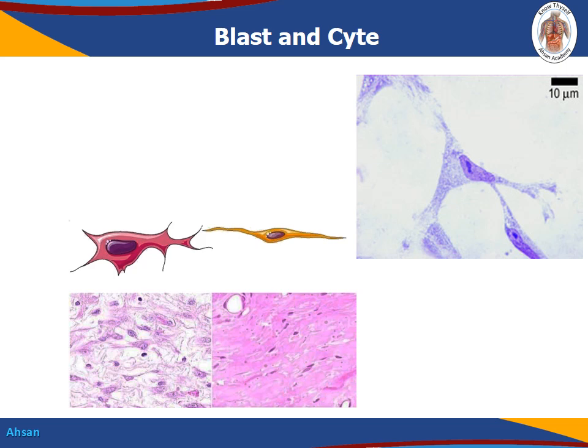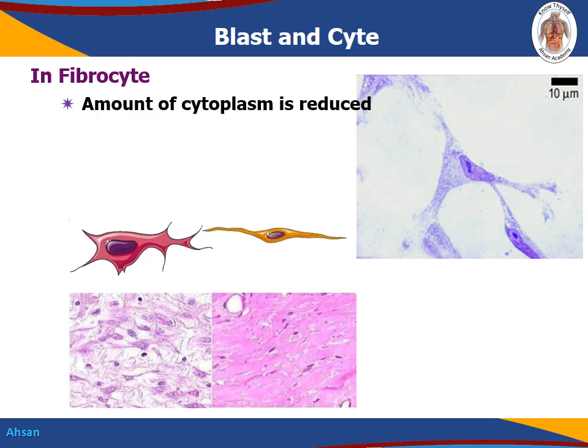You can see the diagram in nature. The other three photographs are histologically stained and shown under the microscope. In the fibrocytes, the amount of cytoplasm is reduced and the processes are reduced in number, withdrawn. So we can say this is an irregular cell with a few processes.